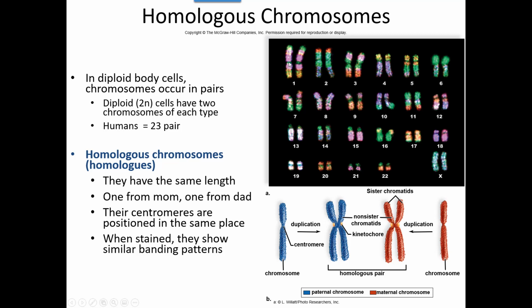And so they are identical in the type of information that they carry. They're similar in shape. They're similar in location of where that information is. They're similar in size. So they're very similar to each other. Their centromeres, where eventually they will connect with each other, are also going to be in the same places. And yes, when they're stained, they show similar banding patterns, so you can see the different colors based on the different bands.